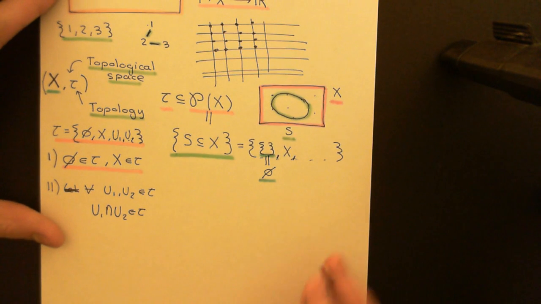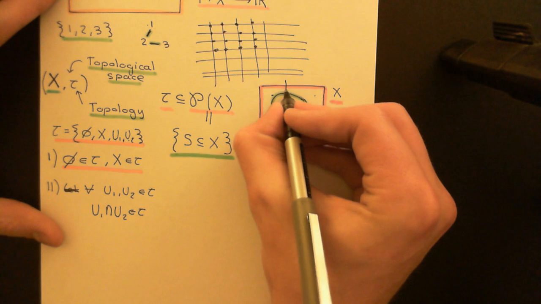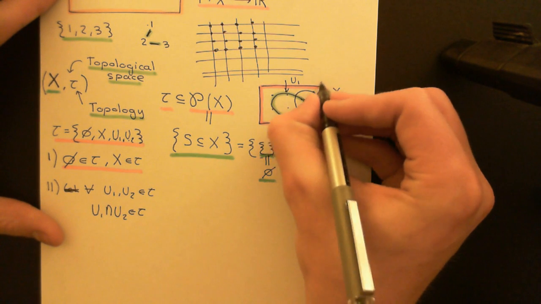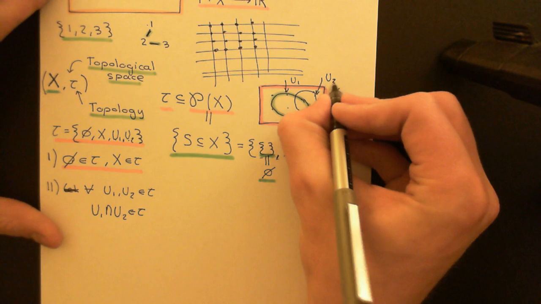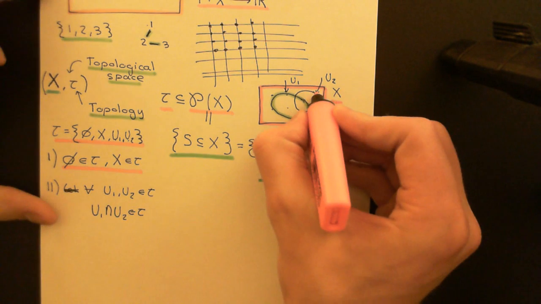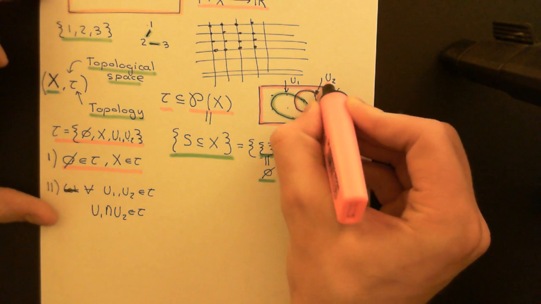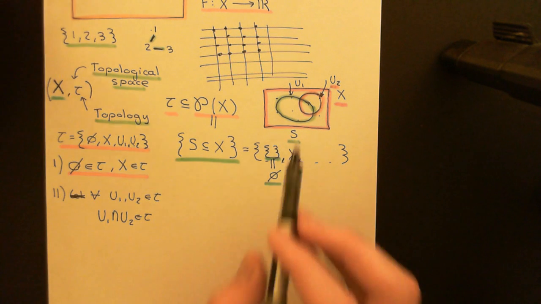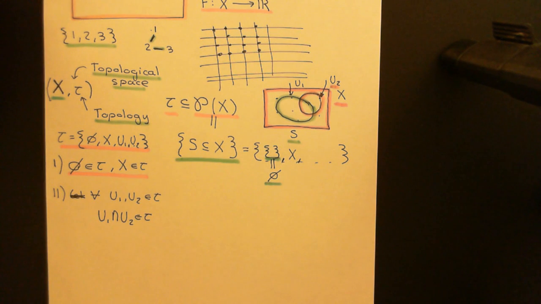So adding that onto my picture, let's say that this green subset here is now U1, and let's draw another one on here. So here is my other one, this is U2, so I'll colour them in. U2 is represented in red here. Let's say these two are both elements of our topology tau, so they're both subsets of the set X which we have chosen to be within this subcollection of the power set, which we're calling the topology.